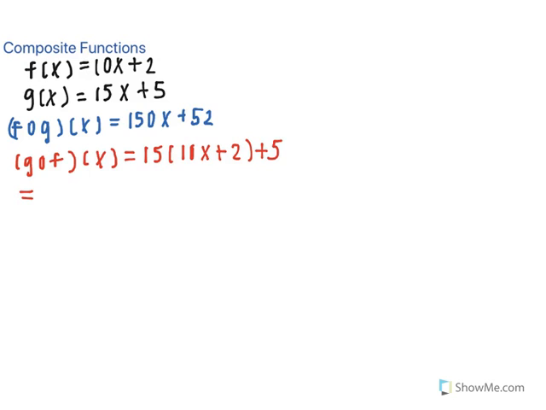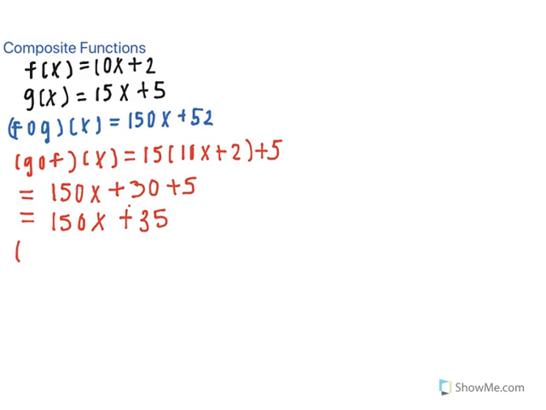Once we distribute, 15 times 10x is 150x, and 15 times 2 is 30, plus 5. And this would equal 150x plus 35.